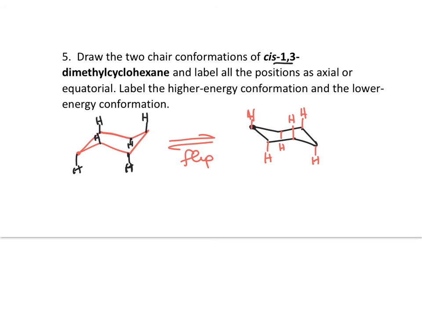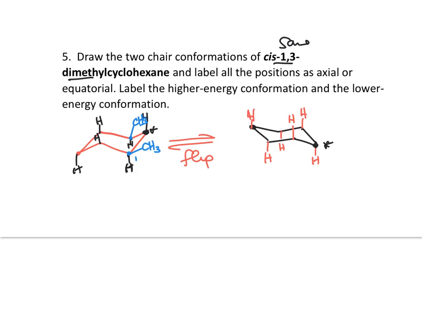Cis 1,3-dimethyl. So they have to be on the same side, and we'll make them equatorial. So we'll just go here, and that's 1. There's 2. This is 3, and that's down. So this goes up, CH3. And then we come over here. Now this carbon here is this carbon here.